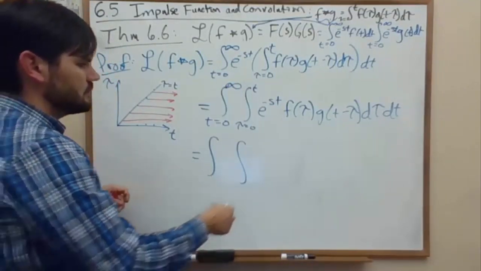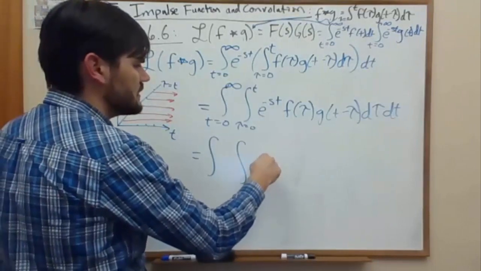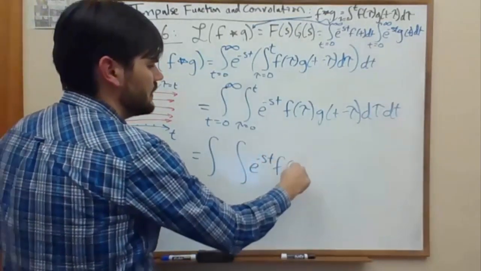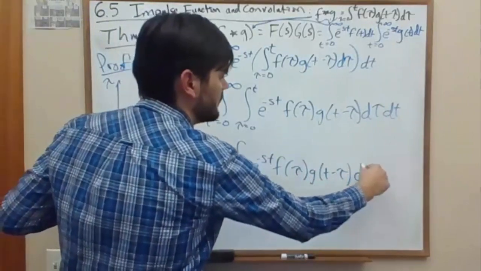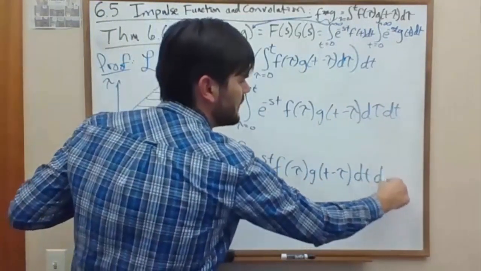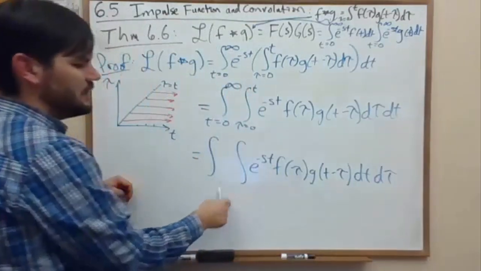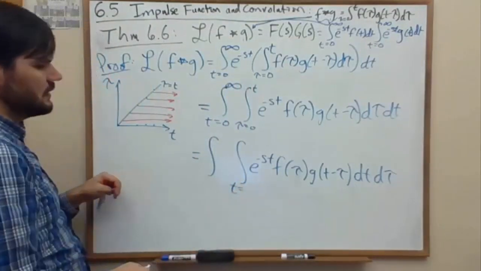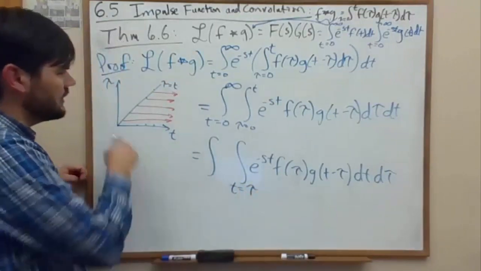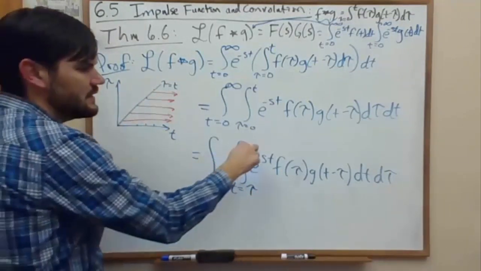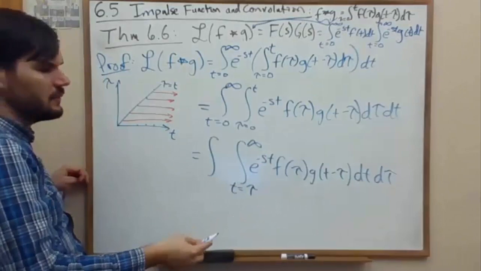Let's see. The function itself stays the same, e to the negative st, f of tau, g of t minus tau. We're going to change it to dt, then d tau, which makes this inner integral go from the limit of t equals tau on the leftmost and t equals infinity on the rightmost.